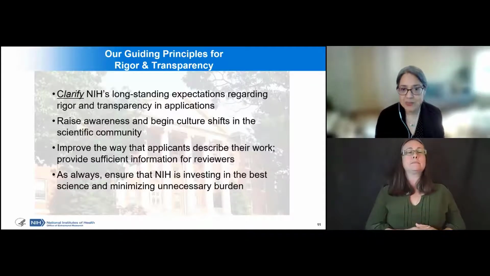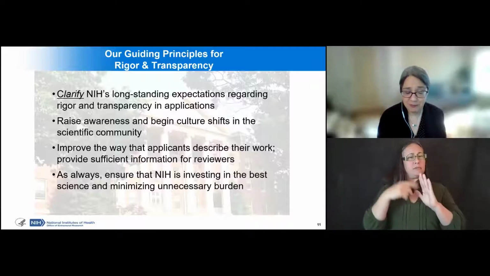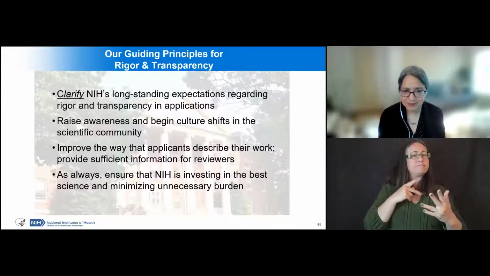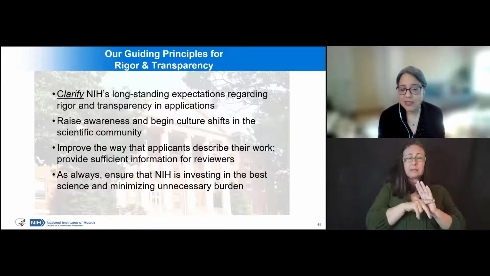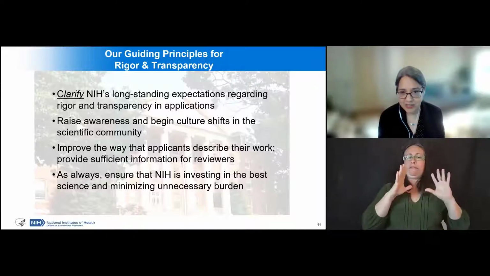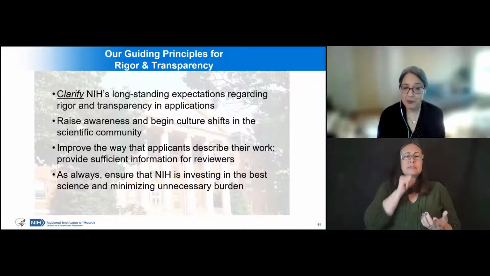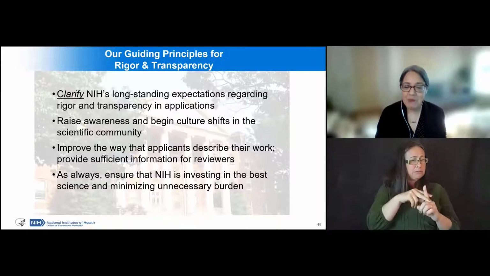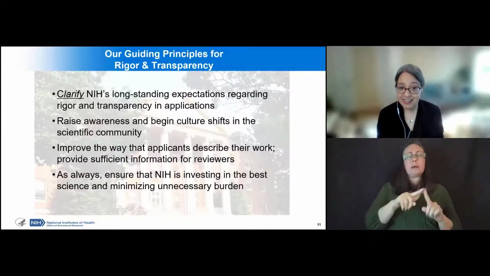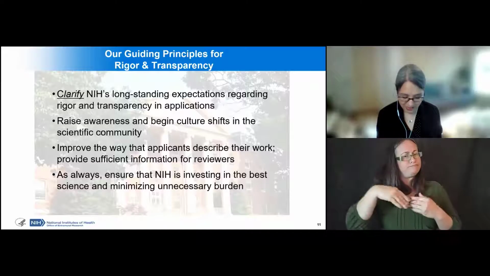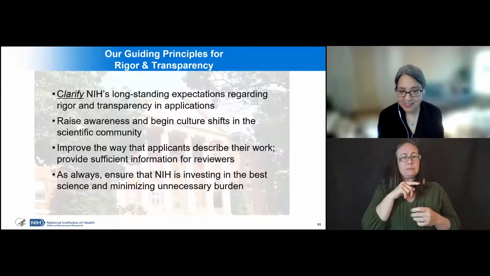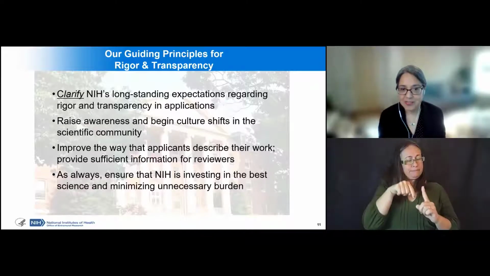Our guiding principles for rigor and transparency when we rolled out this policy were, first, we wanted to clarify our long-standing expectation regarding rigor and transparency in applications. We don't think that we were funding applications that were not rigorous in the past, but we wanted to clarify this need and make sure that we get applications that properly describe the research.